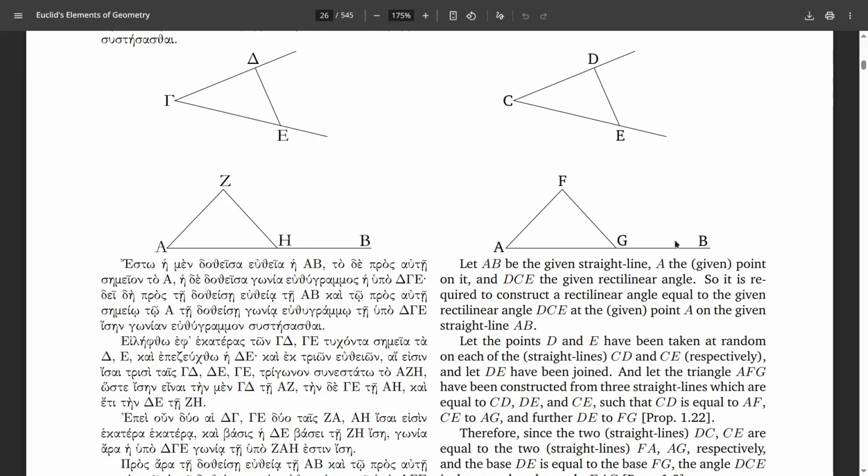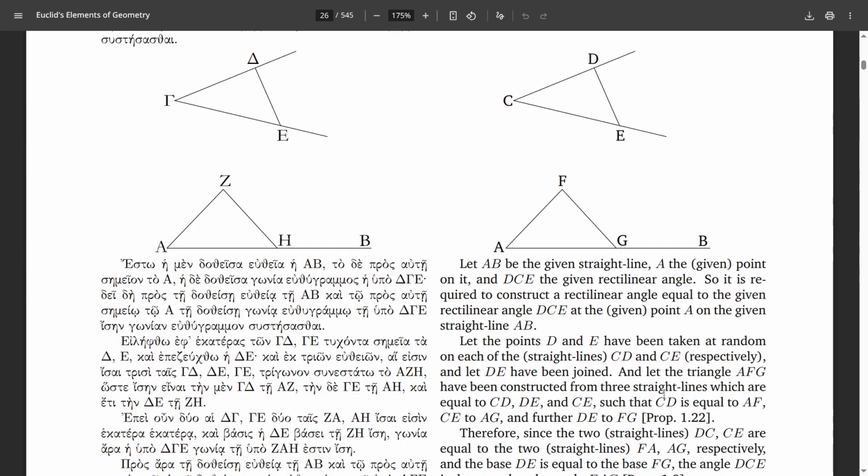And let DE have been joined, and let the triangle AFG have been constructed from three straight lines which are equal to CD, DE, and CE, such that CD is equal to AF, CE to AG, and further DE to FG.